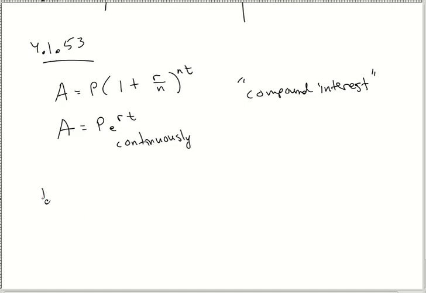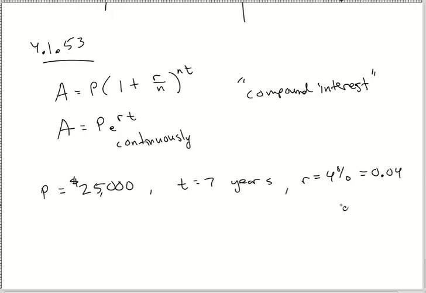So this particular problem says we have a principal of $25,000, and t equals 7 years that I'm going to put in a bank, some kind of savings account. My rate is 4% interest, which translates to 0.04, which at the time of this recording is super awesome.